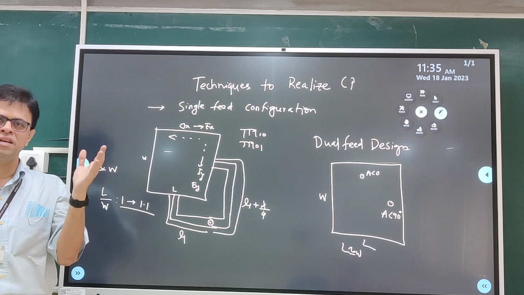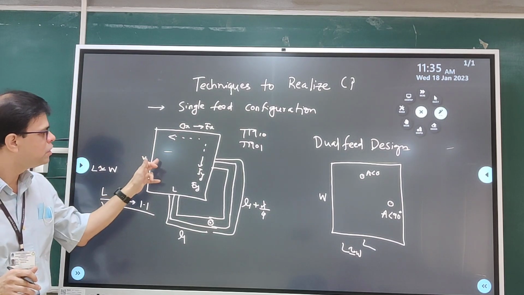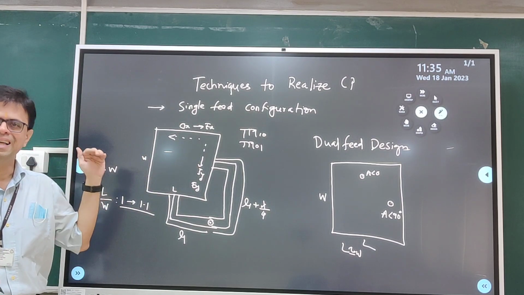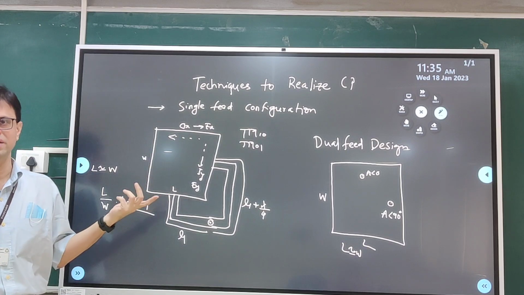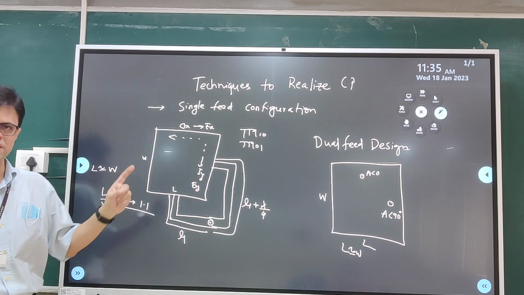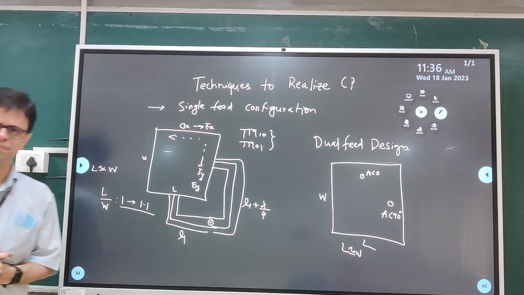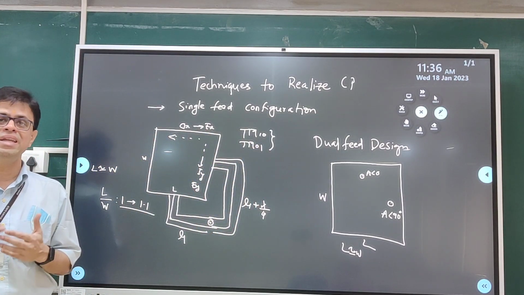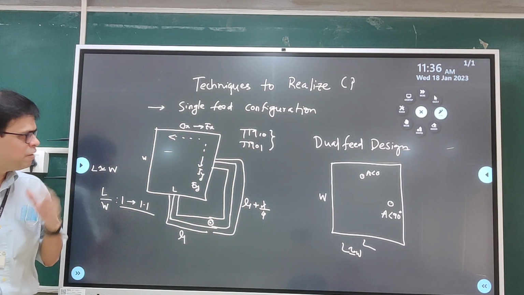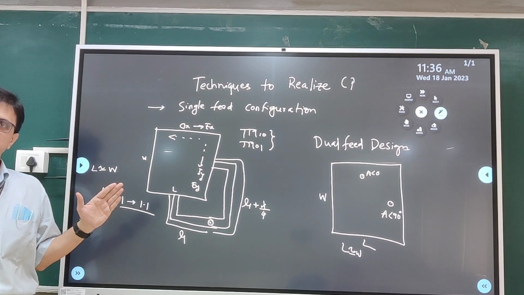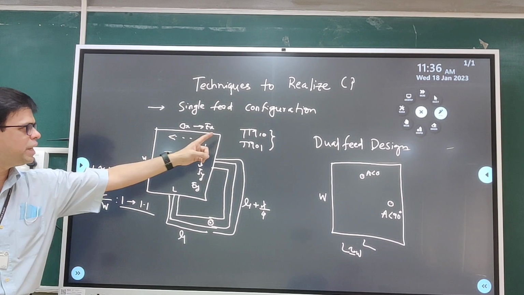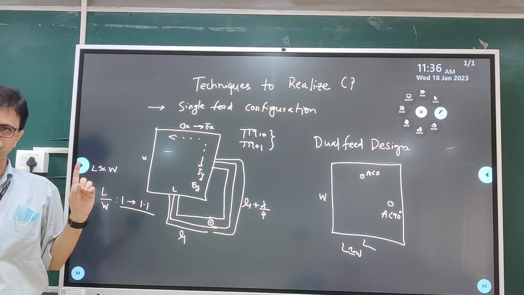These are the two orthogonal modes which are there in the patch. In the earlier case, we have seen that if you put your feed point either along the width or along the length, in either of the two cases, you will excite only one of these two modes. That will give me a linear polarized response. I want a circular polarized response, so I should excite both the modes.